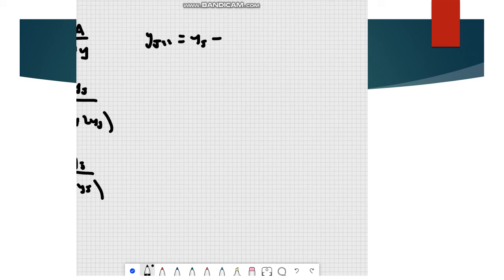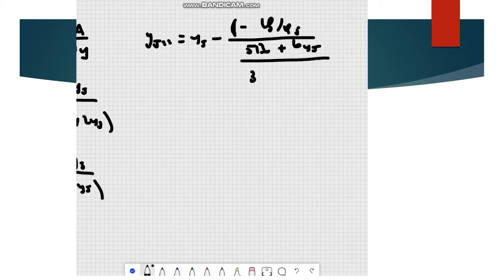So I will just plug in the numbers: y_j times 1 minus Q over Q_j, over 5 b_w plus 6 y_j, which we just derived, over 3 y_j times b_w plus 2 y_j, right?